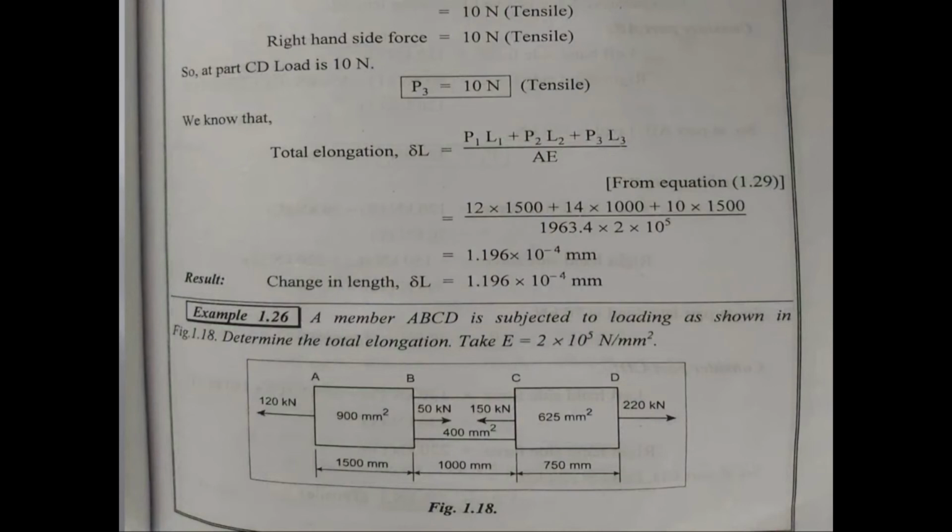Right hand side you have 3 loads: 50 kilonewton, a tensile load; then 150 kilonewton, a compressive load; and 220 kilonewton, a tensile load. So plus 50, then minus 150, then plus 220. Okay, you will get 120 kilonewton.